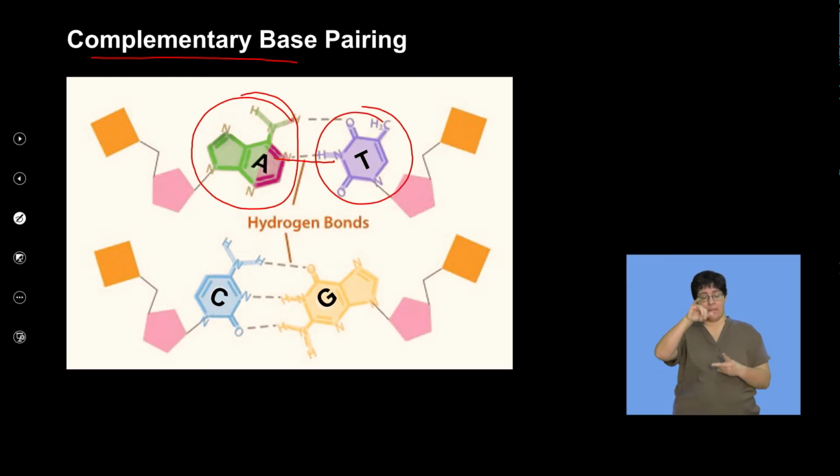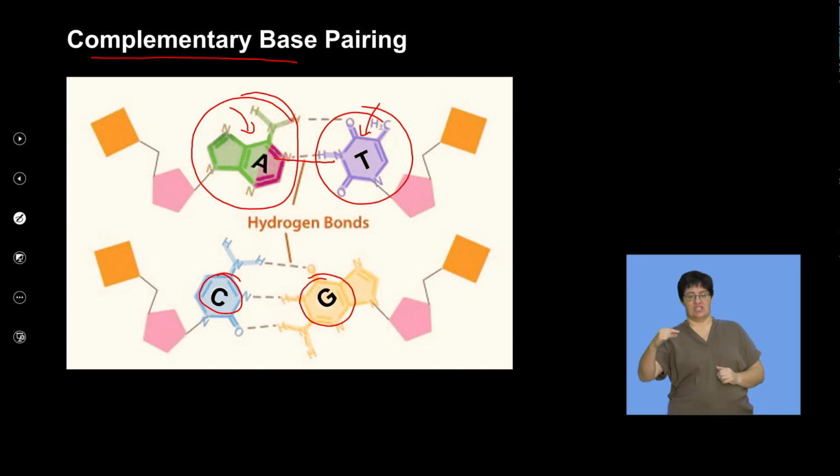You will see that there's a double ring structure here on your adenine and a single ring structure in your thymine. This base pairing is unique and will only take place between adenine and thymine. And likewise, we see the pair of cytosine and guanine being combined together in this unique pair where you have three bonds that hold them together in this complementary unique base pairing.